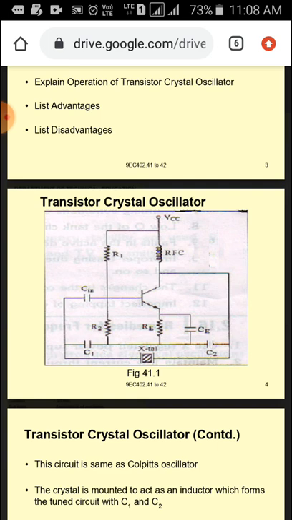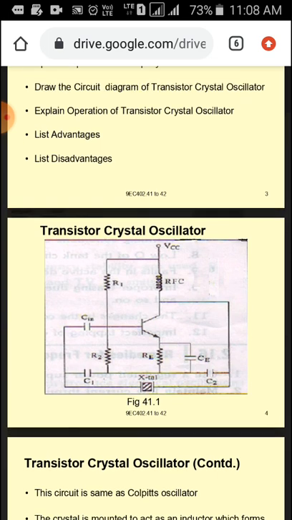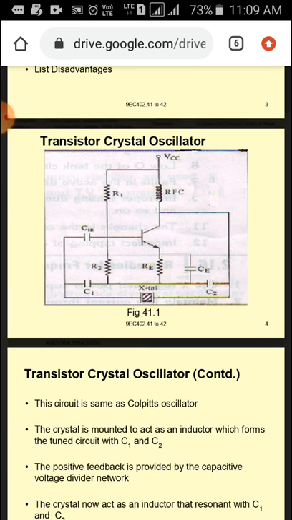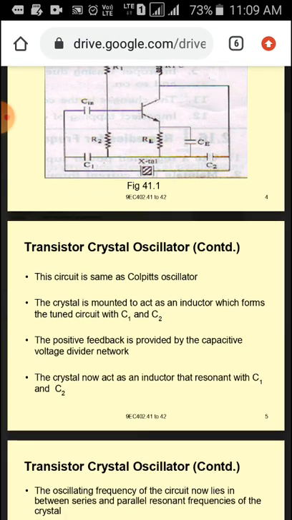The circuit is similar to the Colpitts oscillator. In the Colpitts oscillator, the tank circuit consists of two capacitors C1 and C2 and an inductor. Here, in place of the inductor, a crystal is placed. The transistor crystal oscillator circuit is the same as the Colpitts oscillator.